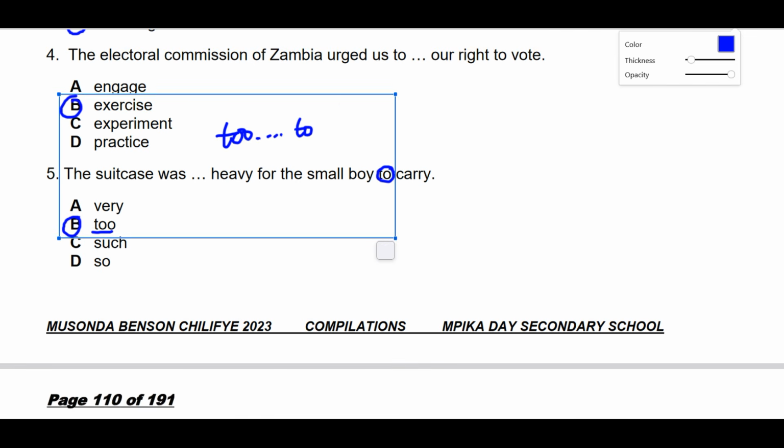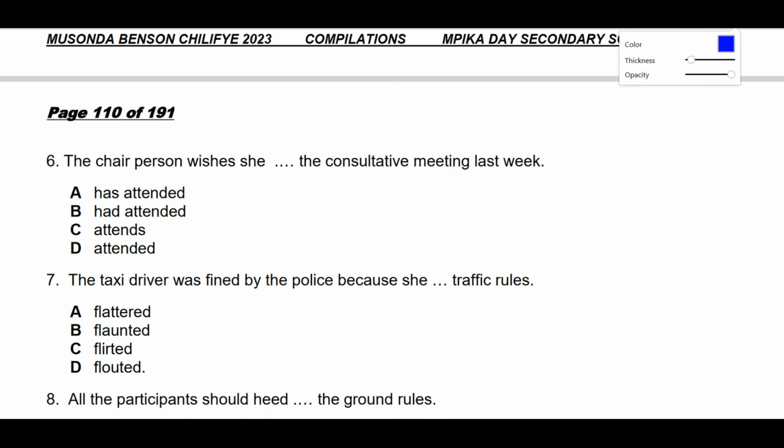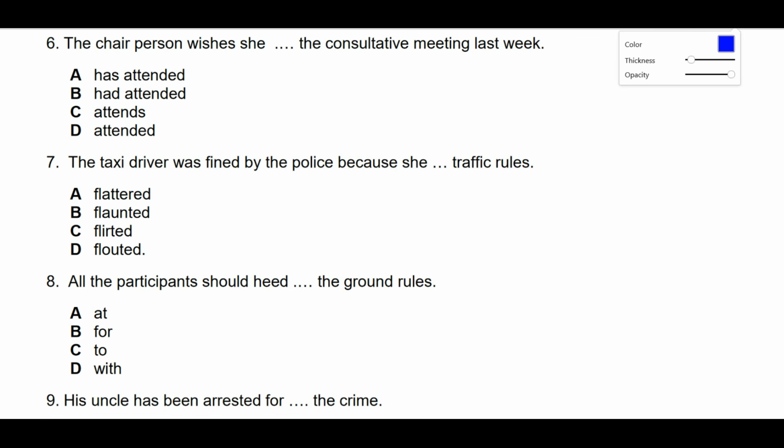Let's move on. The chairperson wishes she dash the consultative meeting last week. So the answer for number 6 is had attended. It was just a wish.